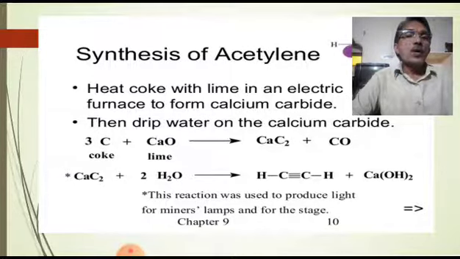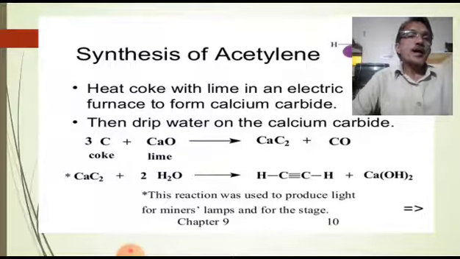Coke reacting with lime gives calcium carbide. C plus CaO gives rise to CaC2 plus CO. CaC2 plus 2H2O gives rise to H-C≡C-H plus Ca(OH)2.